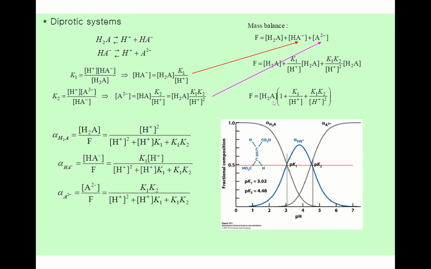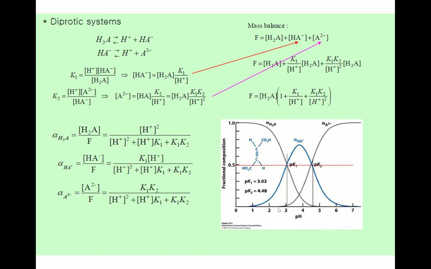Finally we get this equation, and like in the monoprotic acid, for this diprotic acid all the fractional compositions are a function of only the proton concentration and K1 and K2. So when pH is given, these fractions are automatically determined. This figure shows that.